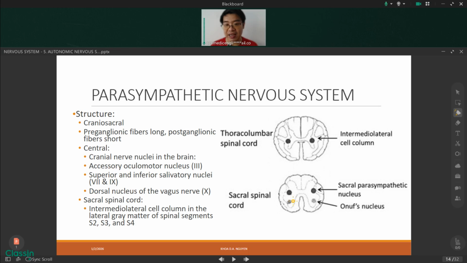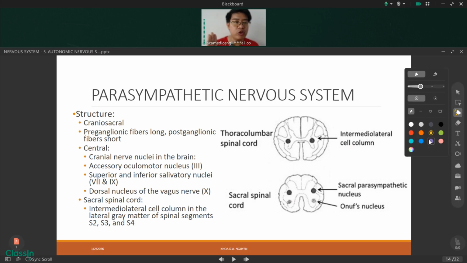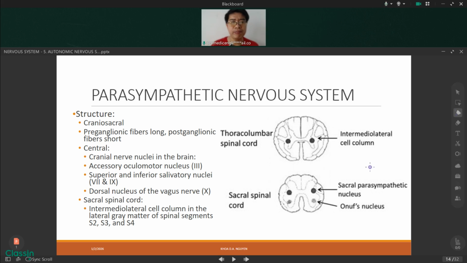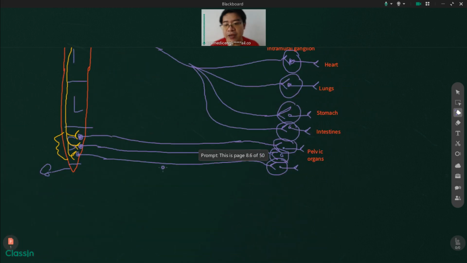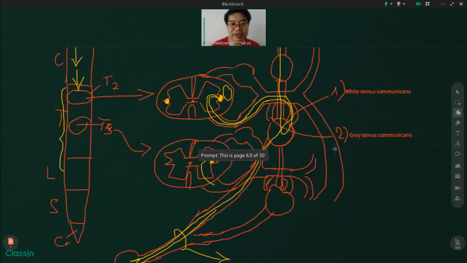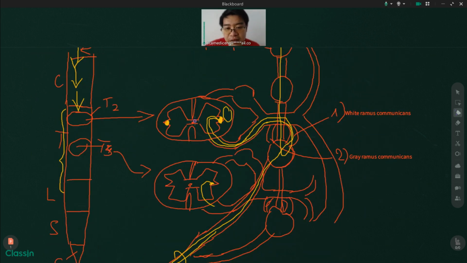Okay, so now finally we need to understand, when it is within the sacral cord, where is the location of the cell bodies of the preganglionic neurons? Where is this within the spinal cord? We have already said up here that the cell bodies of the sympathetic preganglionic neurons are going to be here at the intermediolateral horn or lateral horn, right? So where are the bodies of the preganglionic neurons of the parasympathetic nervous system?